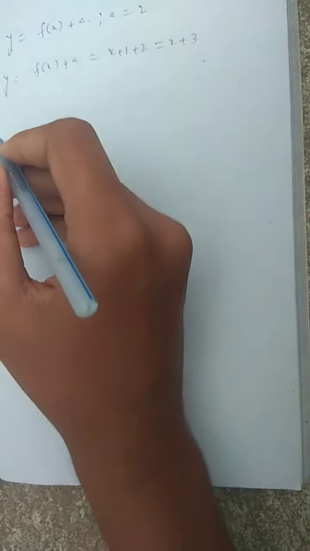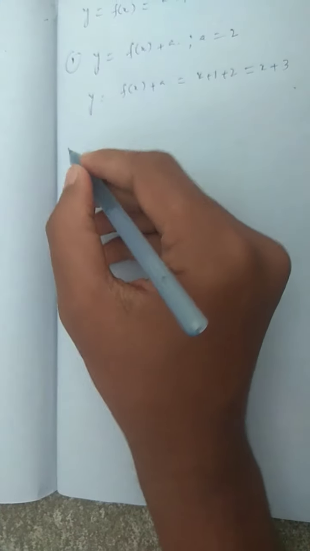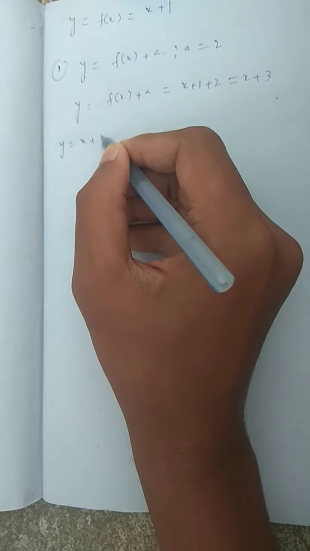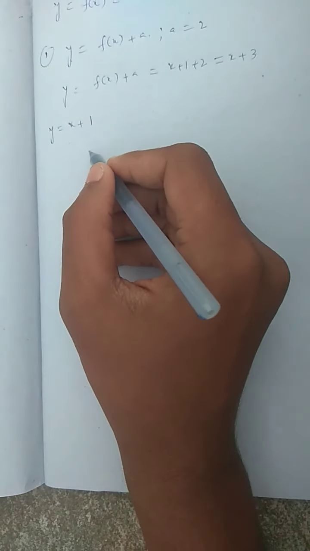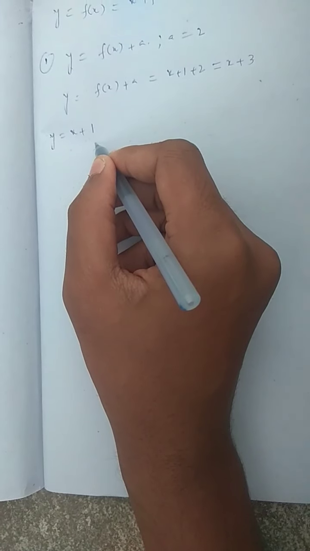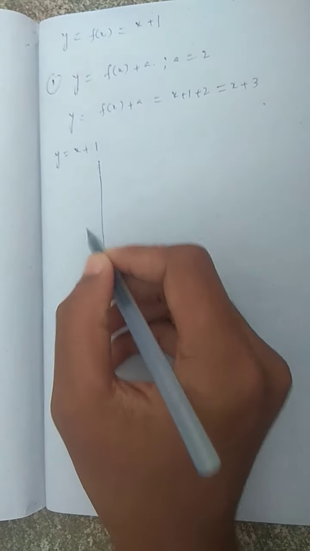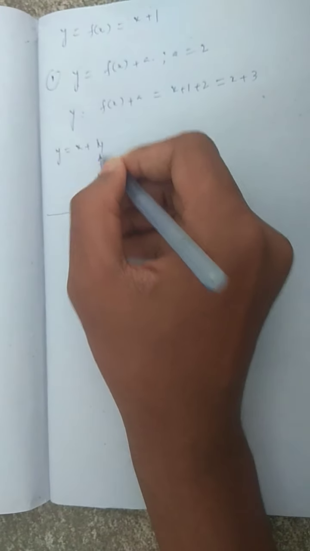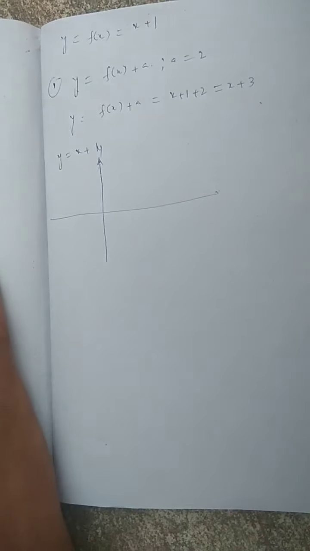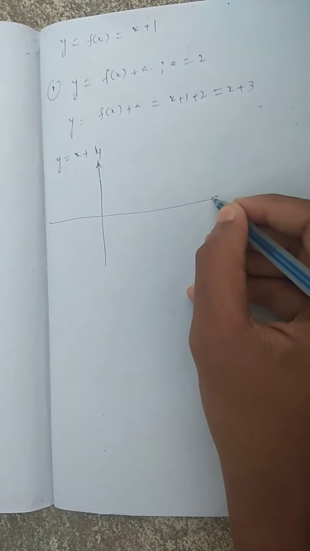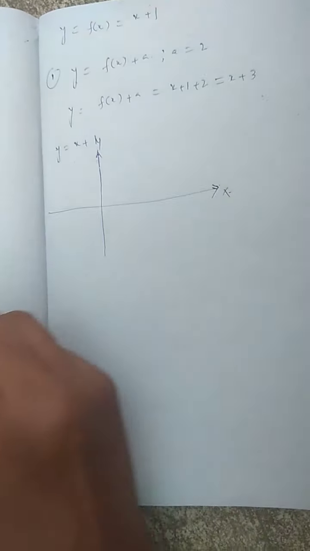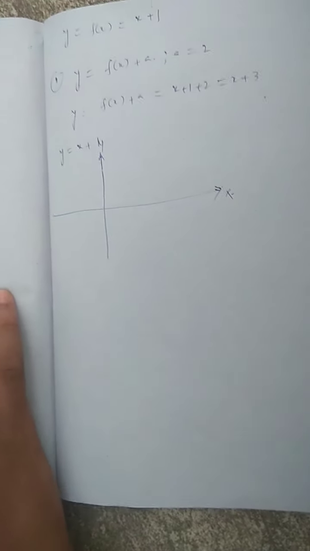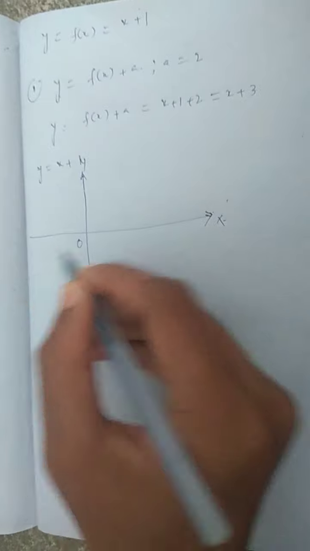So now let us assume we know the graph of y equal to x plus 1. Let us first draw the graph of y equal to f of x, that is x plus 1. This is the y-axis, this is the x-axis, and this is the origin.